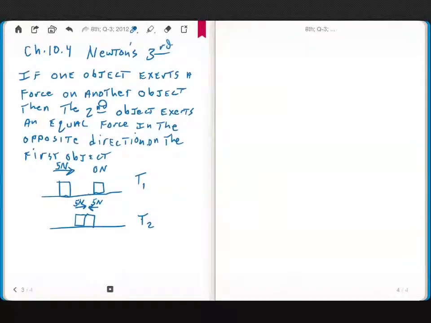So if one block is moving with a force of 5 newtons and it impacts another block, that second block is going to push back with an equal but opposite force.